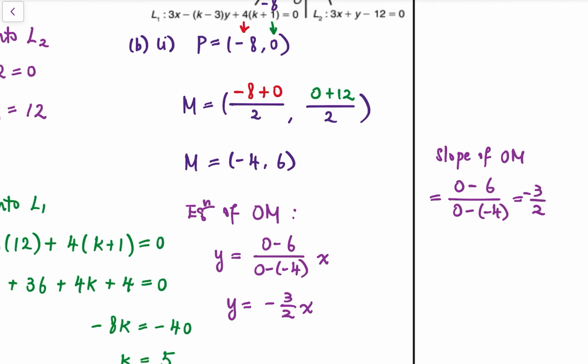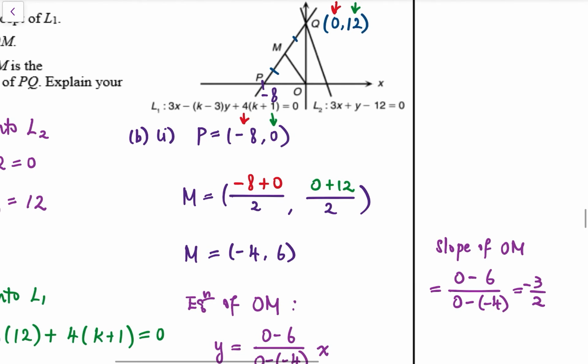And lastly, part B, part 2, determine whether OM is the perpendicular bisector of PQ. Explain. If OM is the perpendicular bisector, then that means OM will be perpendicular to PQ. I put a question mark here because we do not know whether they are perpendicular.